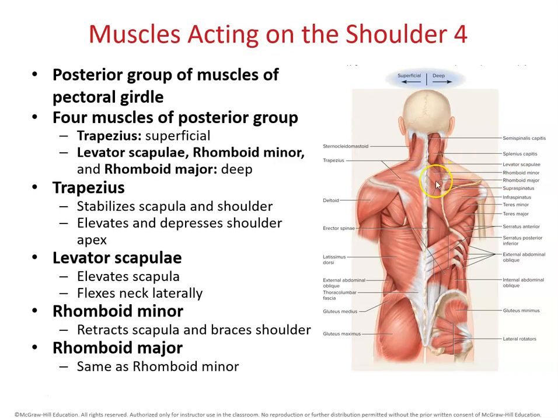It's kind of going also down, but in a different angle than your levator scapulae, and your rhomboid major, which is this larger one, more lower on the shoulder. Okay, and those are the posterior muscles of the pectoral girdle.